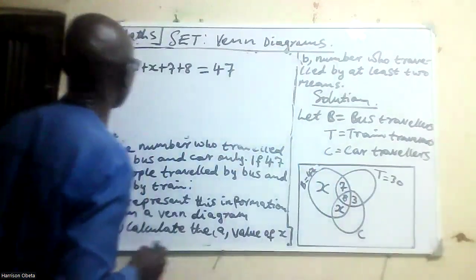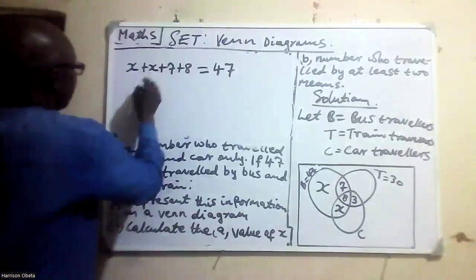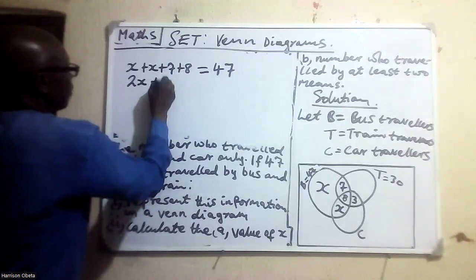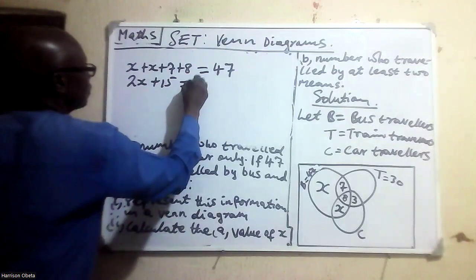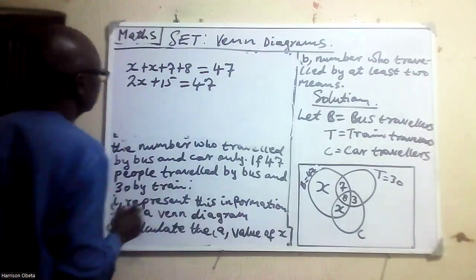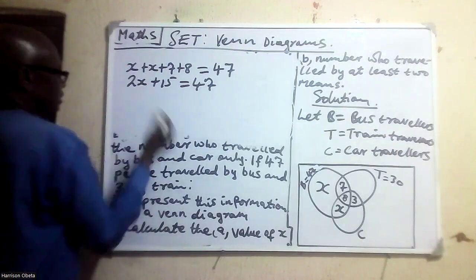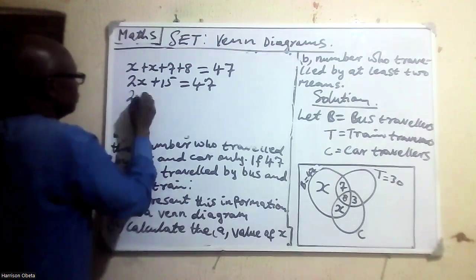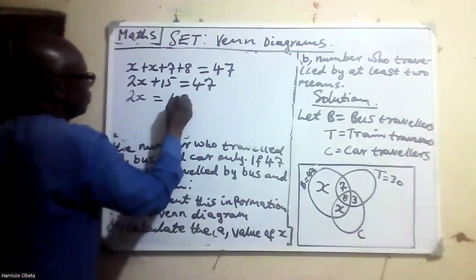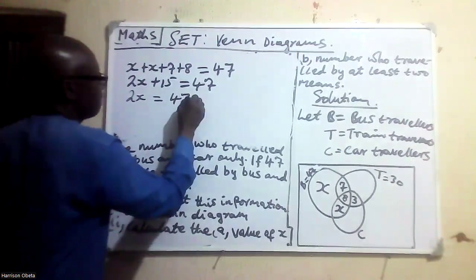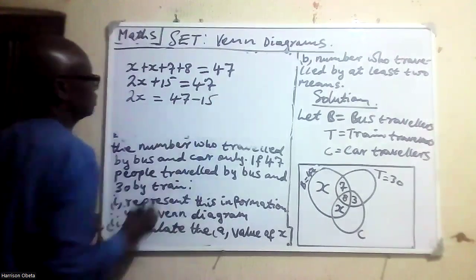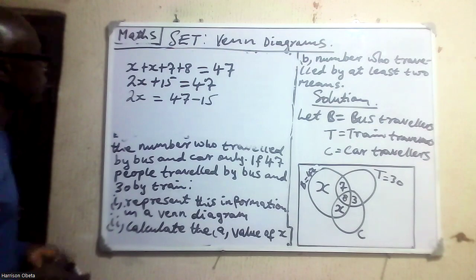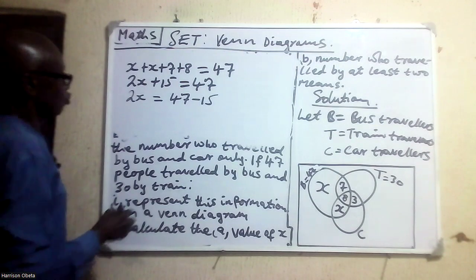Okay. So we continue, and that is 2x plus 15 will give us 47. That means that if you collect your like terms, we're going to have 2x equal to 47 minus 15. 47 minus 15 will give us 32.